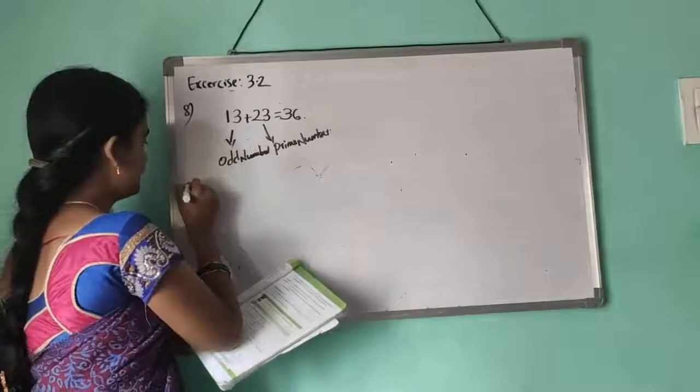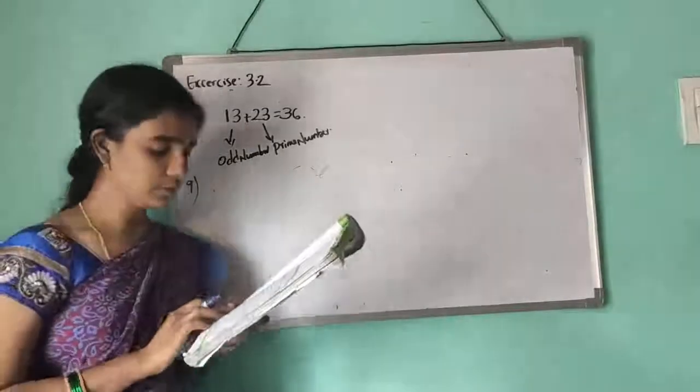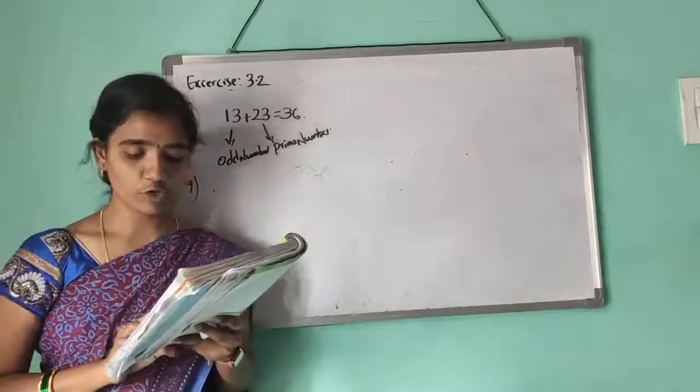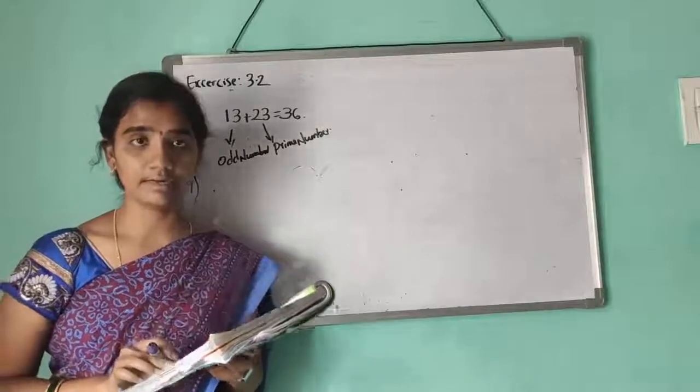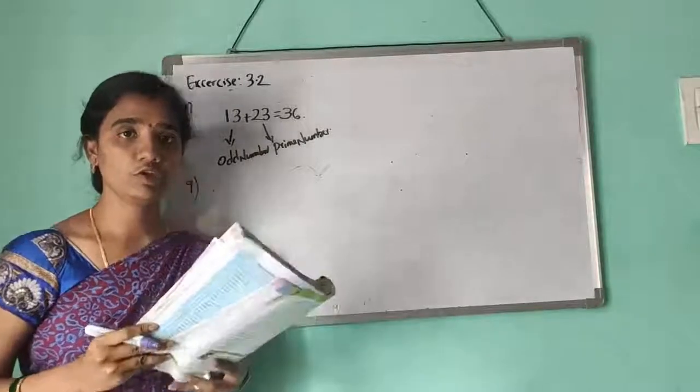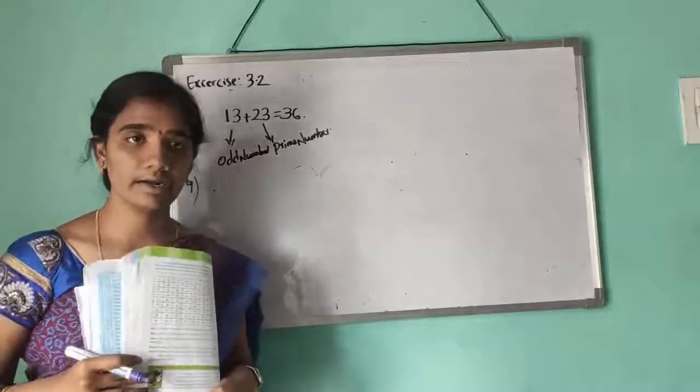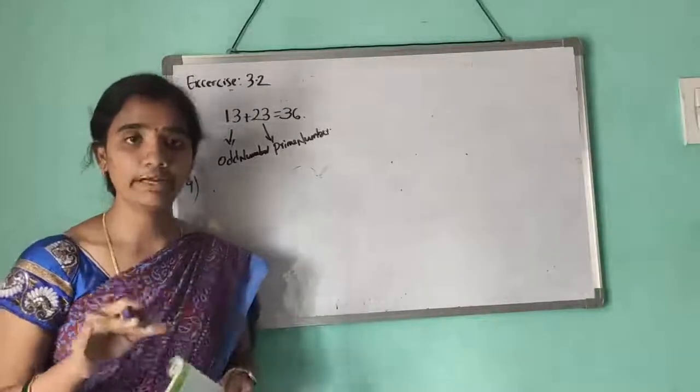Coming to the 9th one, write 7 consecutive composite numbers less than 100. The 7 consecutive numbers are less than 100. All should remain in your mind.